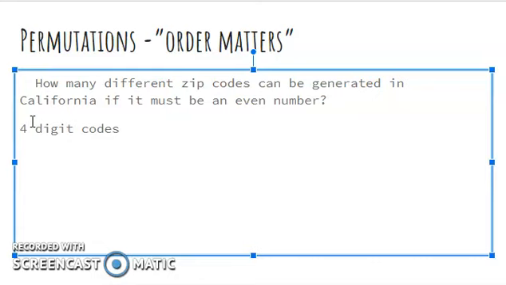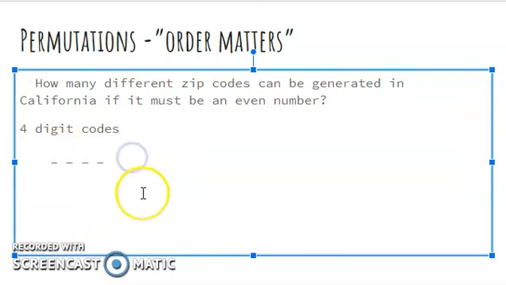So the only thing we care about is the last digit. So now we have 4 different positions to fill: 1, 2, 3, 4. For the first 3, we don't have any restrictions because for an even number we only care about the last digit.